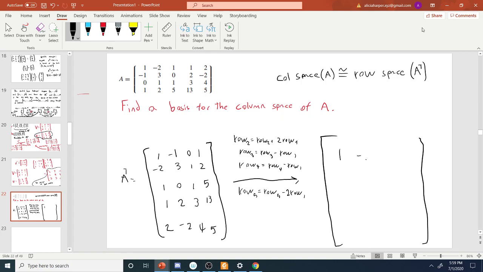First row doesn't change, so 1, -1, 0, 1. Second row, well, for the first column, I'm going to get 0 all the way down.